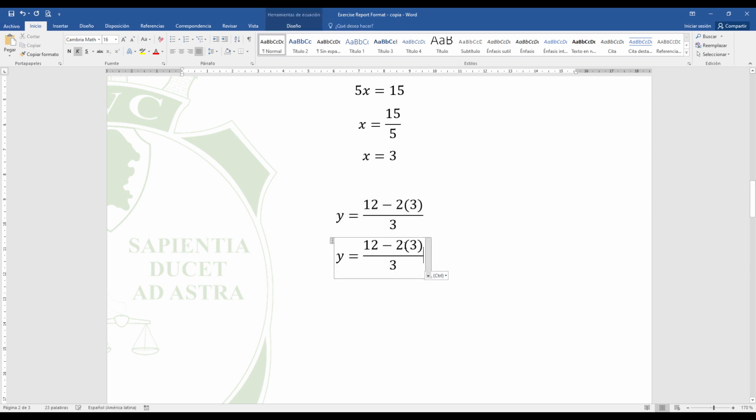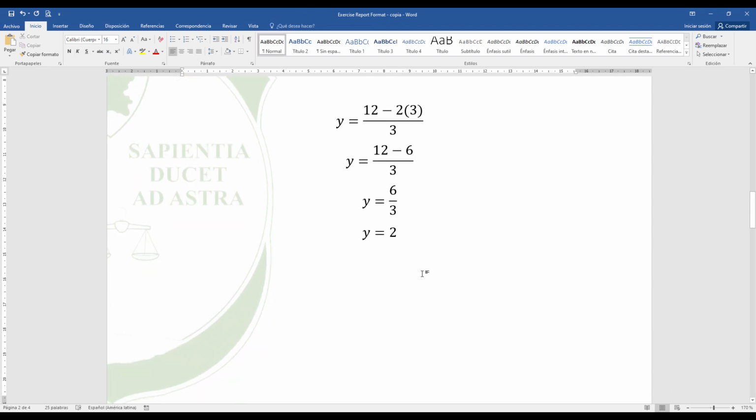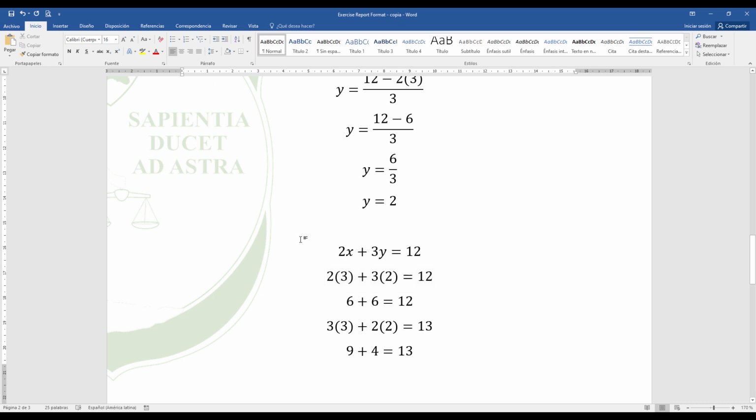So this is 6, and again, 6 divided by 3 is equal to 2. Now what you need to do is check if those values are correct. If you check and the values are correct, this is all the work that you need to do.